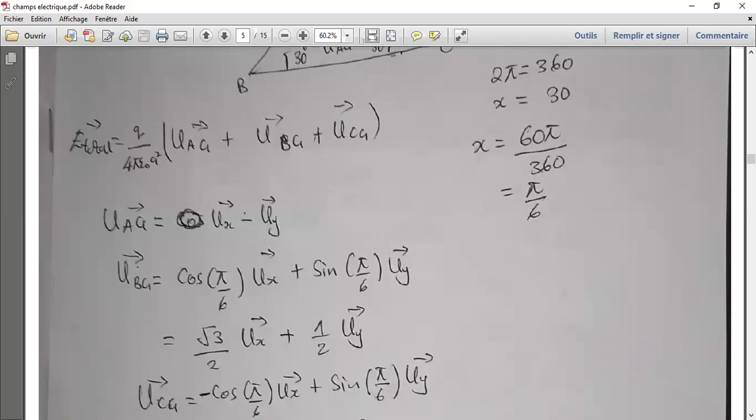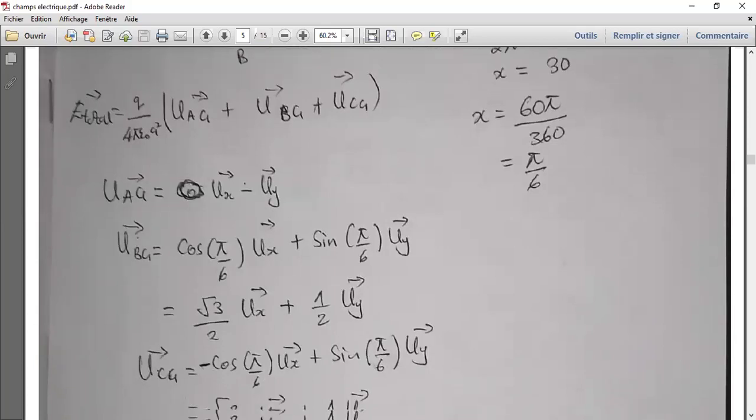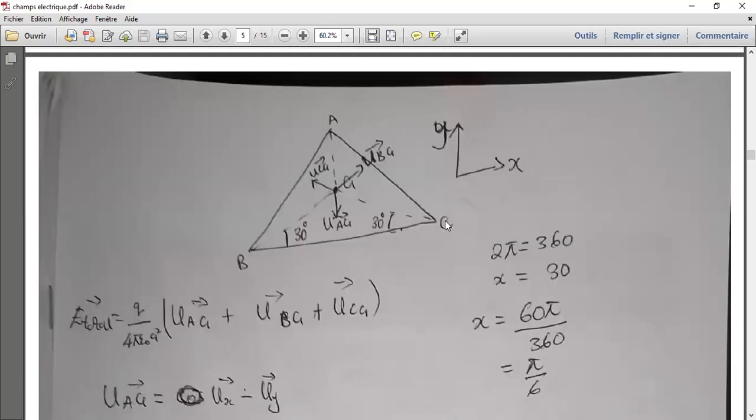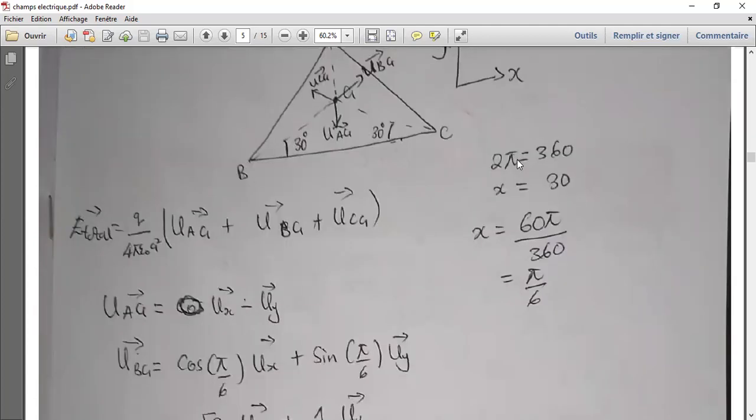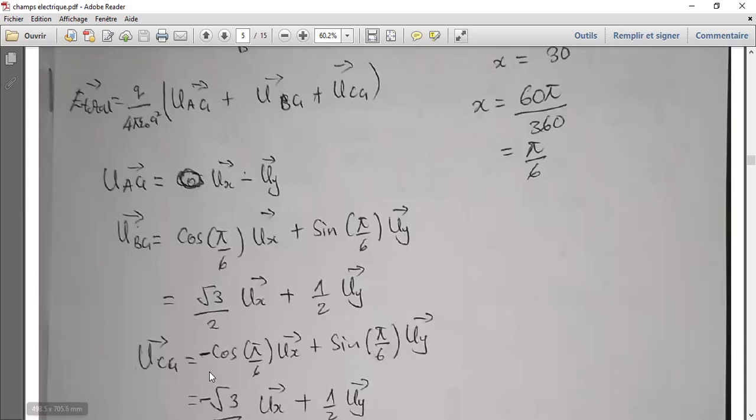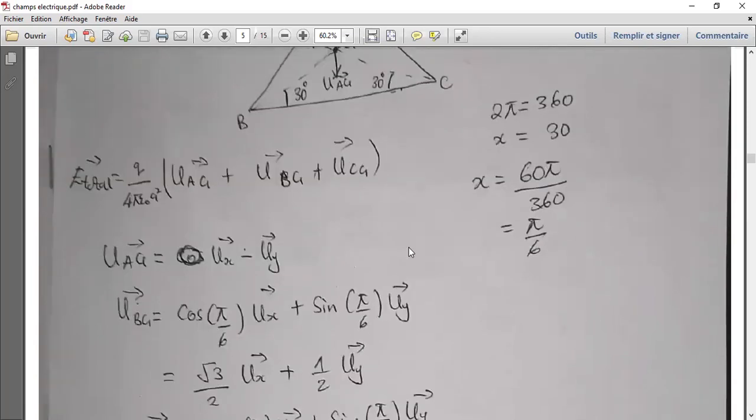But in the case of CG, it is the opposite. You see that the vector is going upward, which is the same as the y-axis, but it's going in the opposite direction of the x-axis, which is going towards the left. That's why where there's the x-axis I've put negative cos, because it's going in the opposite direction, and I put plus where there's the y-axis because it's going in the same direction as my vector in the diagram.